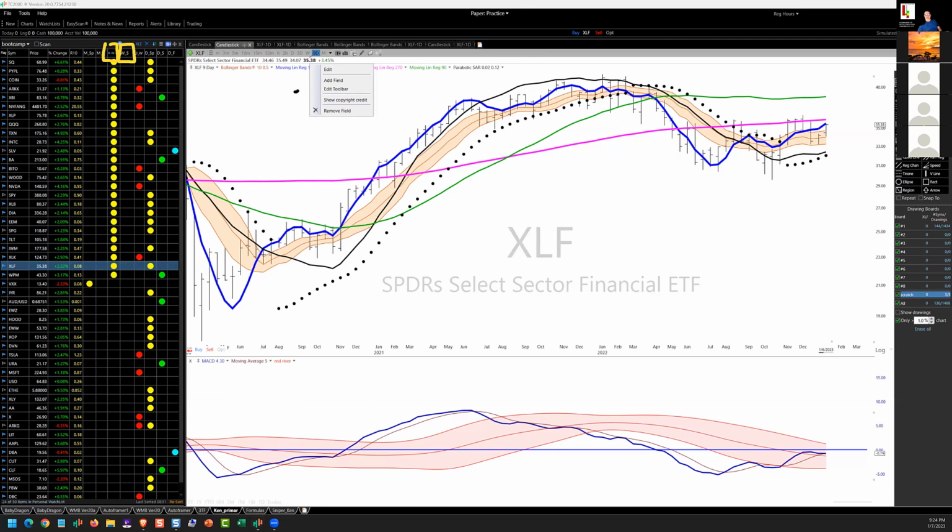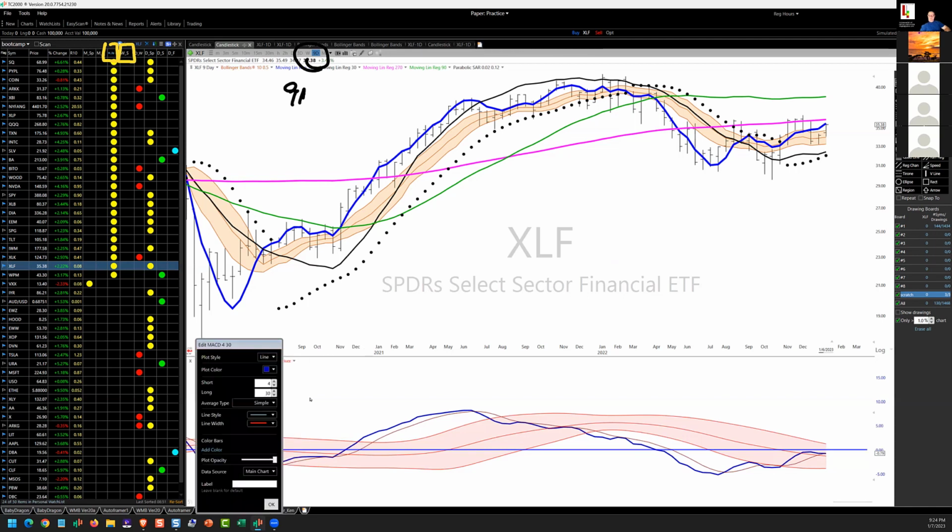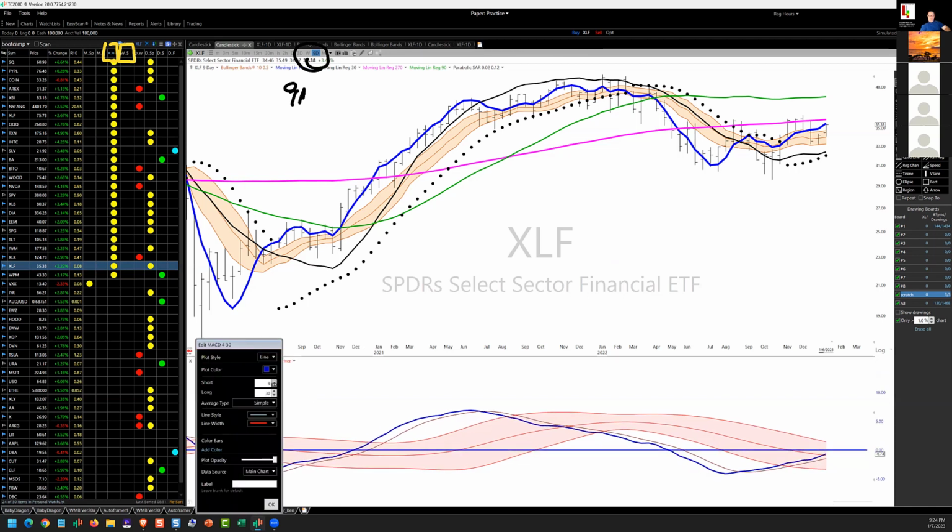So I'm looking at a 9-day chart. So this would really be 9-day spring and summer. I want to go back to my preferred time frame because it's smoother.